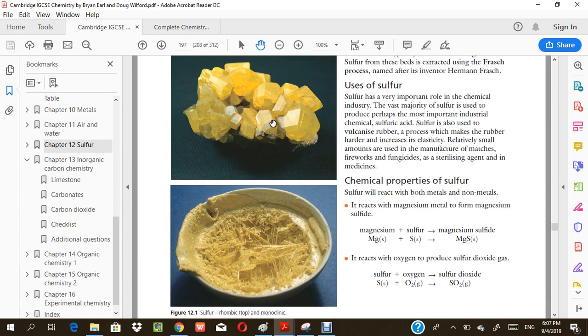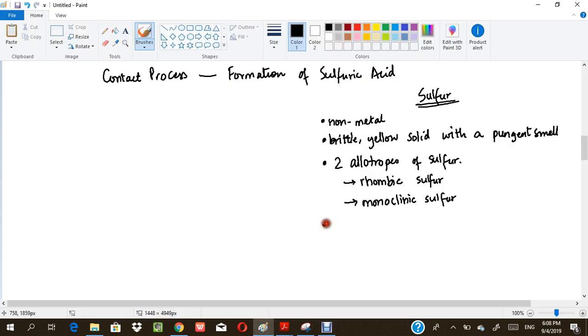But we can see that one has this nice crystalline appearance, it looks really beautiful to the eyes. The other is some pretty ugly stuff. So these are two different structural forms of sulfur. Now sulfur has a low melting point, around 112 to 115 degrees Celsius.